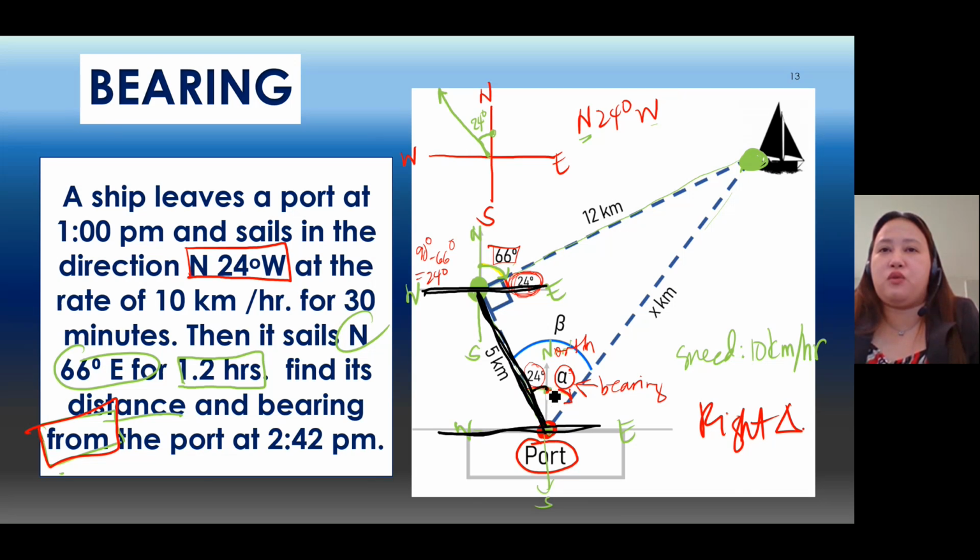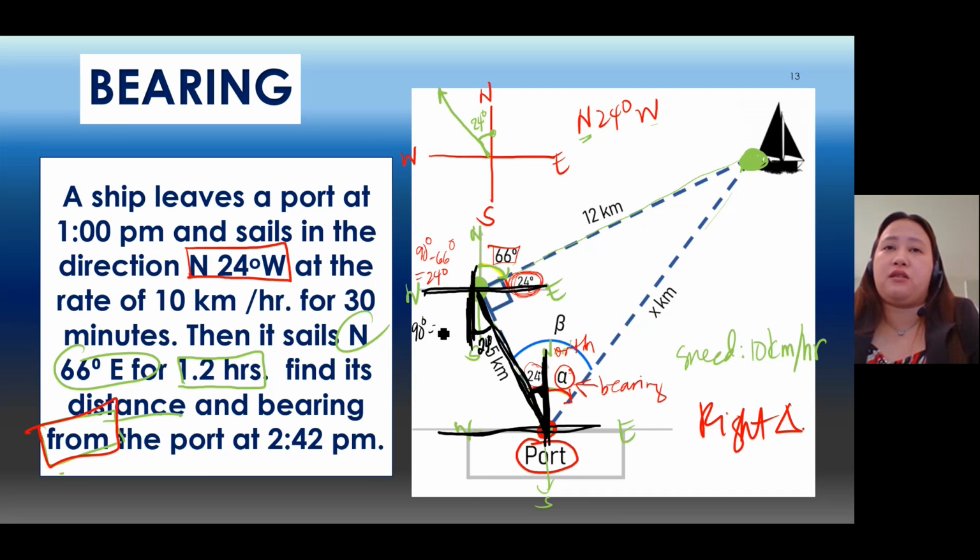And if this measures, so diagonal, let us just make this like this. Okay, so you can see that if this measures 24 degrees, this would also mean it is also 24 degrees. Okay, so from the east going to the south, the angle is 90 degrees.